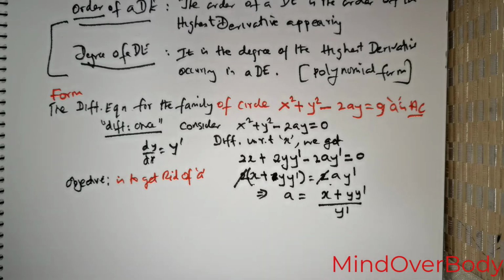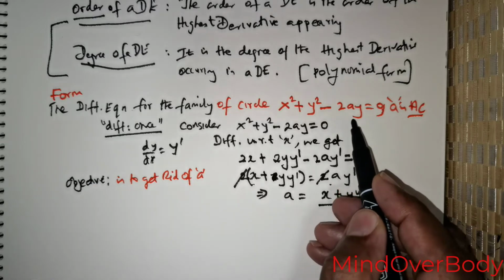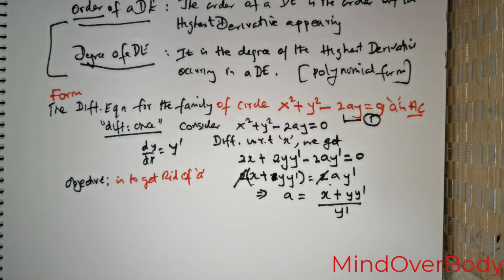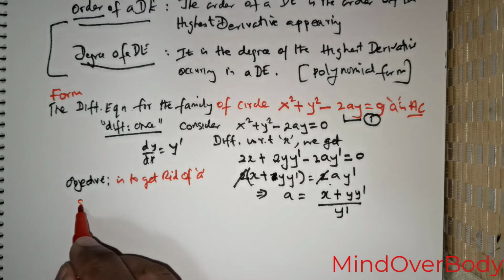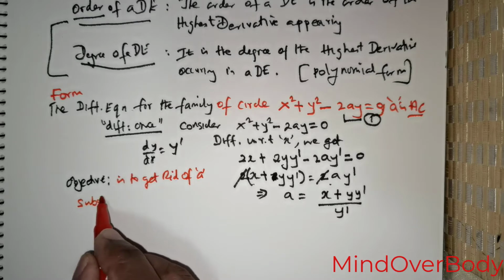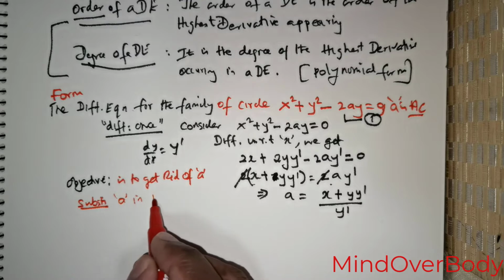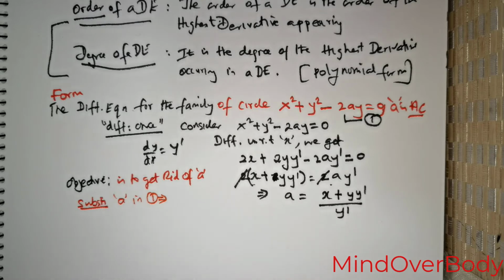So this is what I've got for a. Now if I take this system as 1, I would like to take the value of a and substitute it in 1. So substituting a in 1 we get.